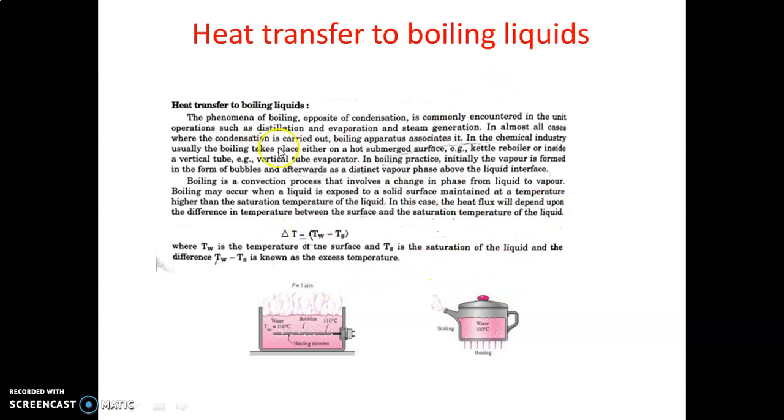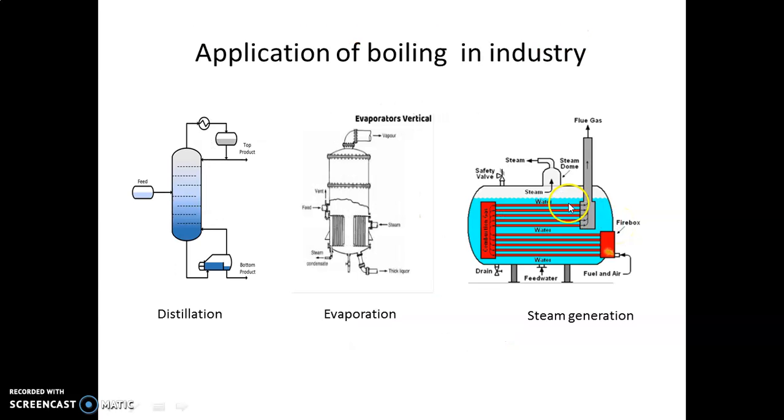What are the applications of boiling in the chemical industry? For example, distillation, evaporation and steam generation. These are typical examples where the boiling process is carried out. In distillation, you have to separate liquid mixtures according to their boiling point or vapor pressure.